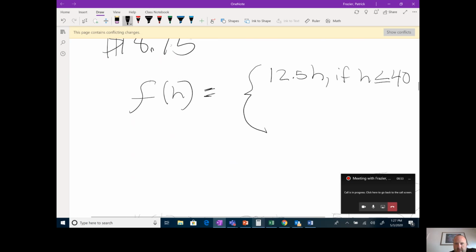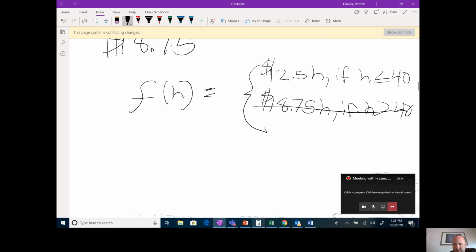Now, by that same logic, would it stand to reason then it would be $18.75. Put dollar signs in here for fun. An hour if h is greater than 40, and that's just greater.